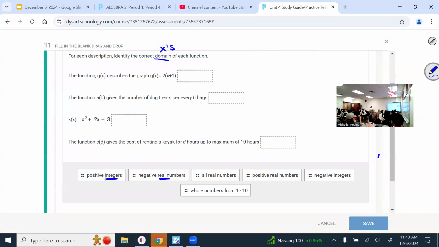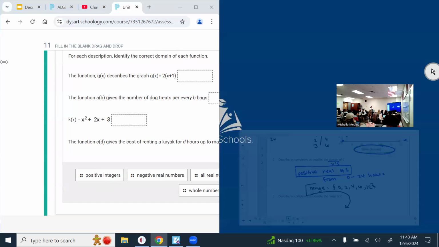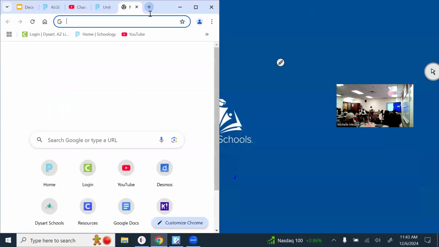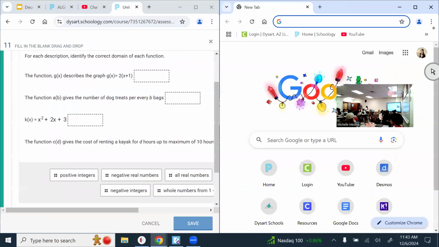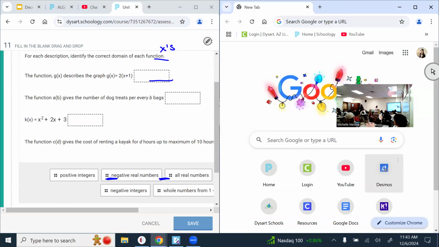So the first function, g of x, has this formula. What I would recommend is graphing it, seeing what it looks like. We did this in the very first lesson 0 of this unit, where we looked at the domain from left to right to see if there were any limitations on it.